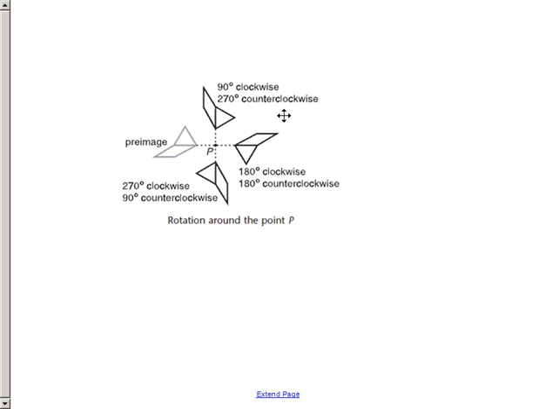And this is clockwise. Now, if we take that pre-image and we go counterclockwise, here's our 90-degree counterclockwise. So we can see how the bottom of the envelope, here's the flap, has changed. Then this moves up this way for 180 degrees counterclockwise.